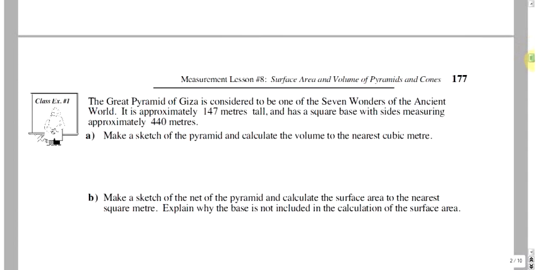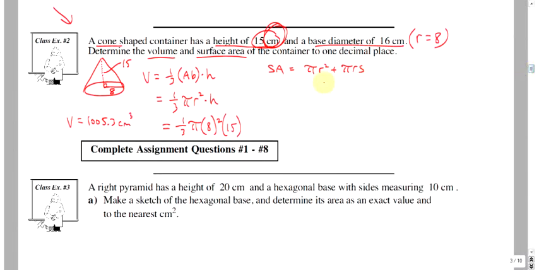Okay? So let's go back here. I need to know s. Well, if you want, redraw your triangle. That's 8. That's the radius. The height is 15. I'm trying to find the slant, the hypotenuse. Okay, so s squared is a squared plus b squared, if you want.